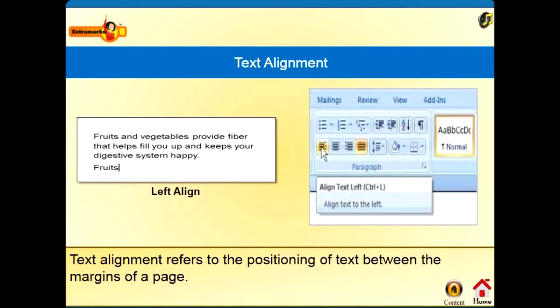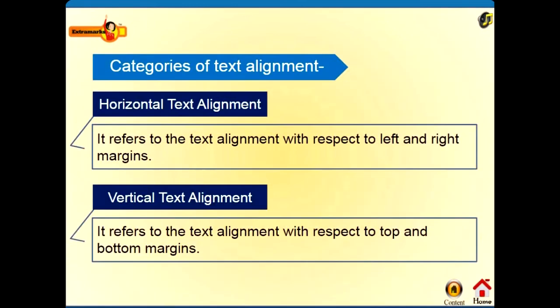Text alignment. Text alignment refers to the position of text between the margins of the page. There are two types of text alignments. One is horizontal text alignment. It refers to the text alignment with respect to the left or right margin.